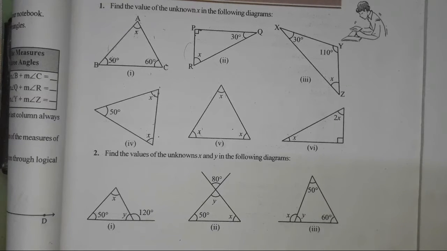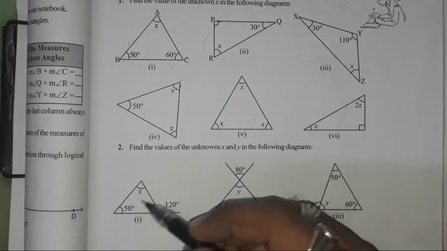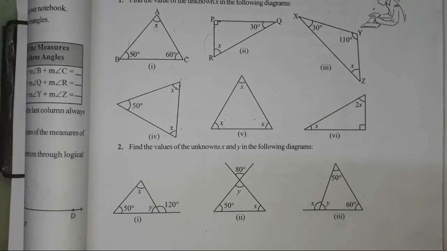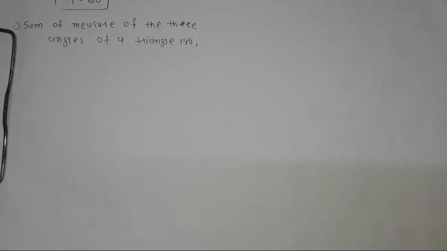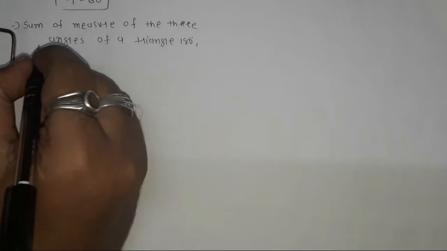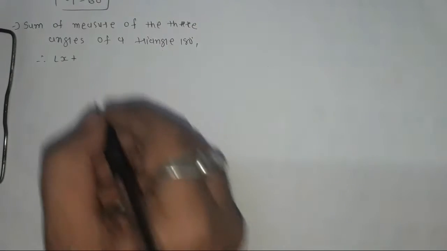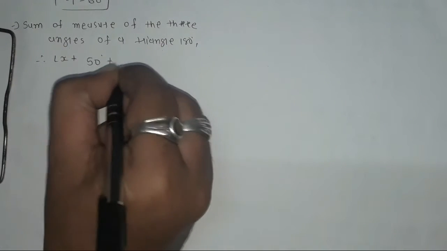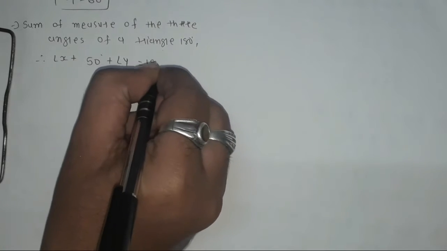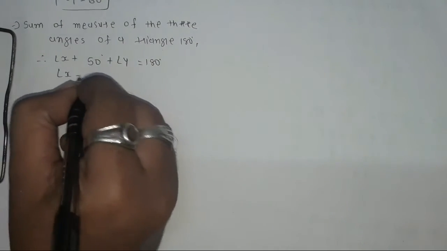For that, as we did with the angle sum property, the measure of three angles is 180 degrees. So we can write that the sum of the measures of the three angles of a triangle is 180 degrees. Now here we may write angle x plus another angle which is given, 50 degrees, plus angle y is equal to 180 degrees. The value of angle y we already found, so I will put that value here.